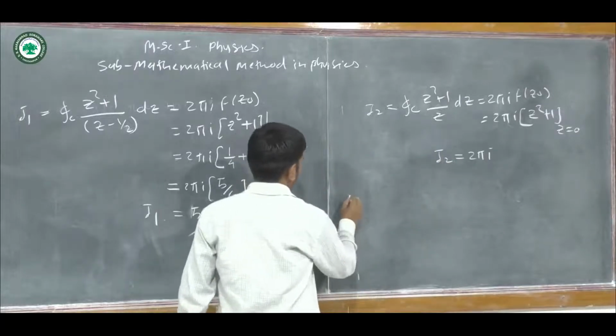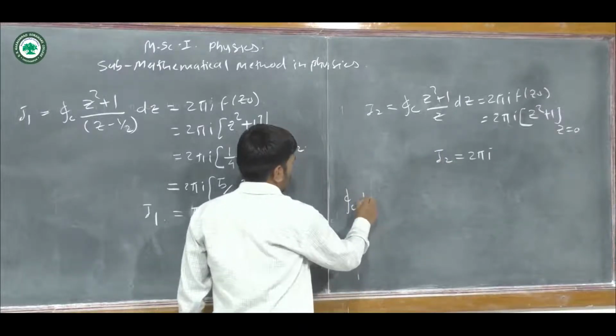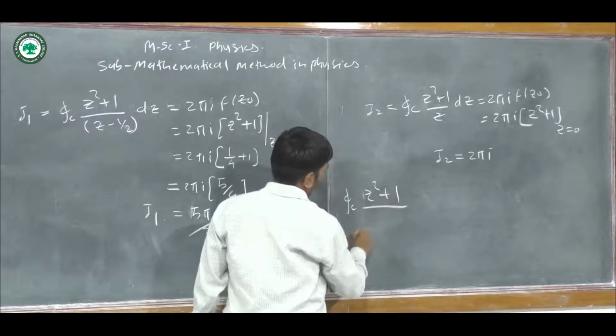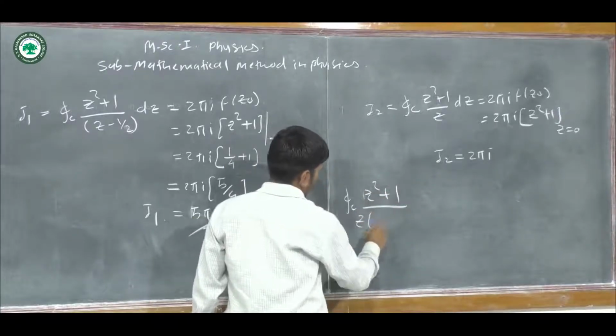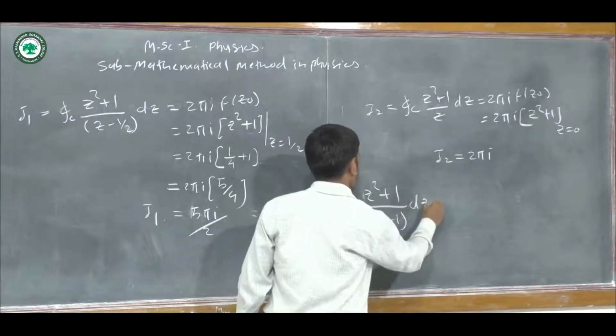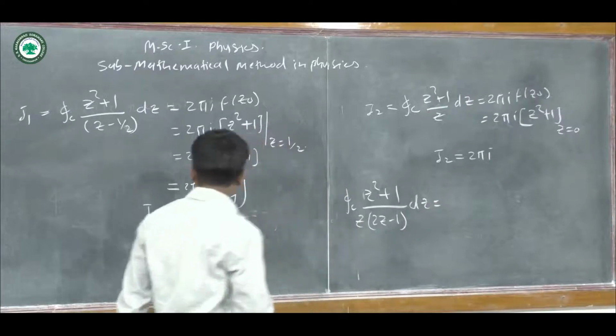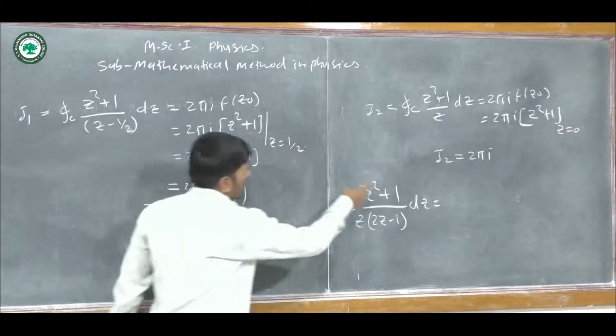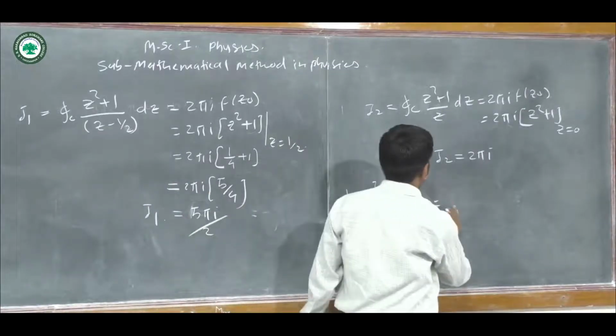So the closed integral C of z square plus 1 divided by z into 2z minus 1 dz is equal to I1 minus I2. This direction is opposite, that's why I write the minus sign.